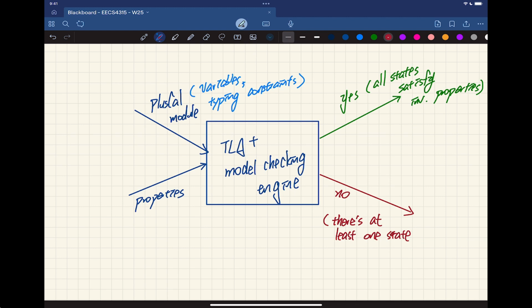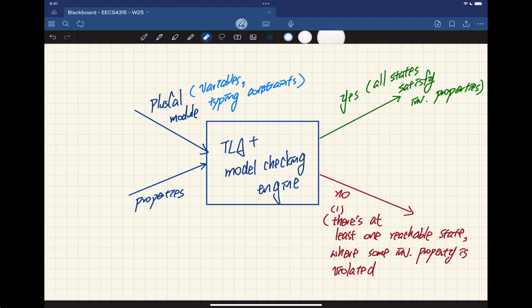There's at least one reachable state from the init, at least one reachable state where some invariant property is violated. All right, that's number 1. The tool will simply tell you there's at least one such state. That's very good feedback.